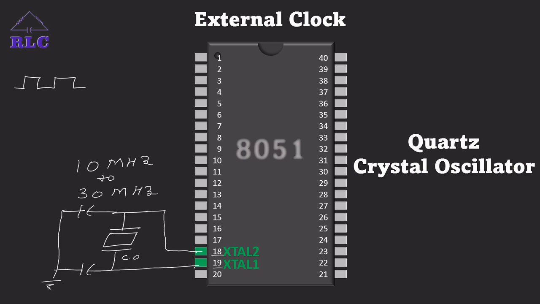Usually, for normal purposes we connect an 11.0592 megahertz crystal oscillator for the 8051 microcontroller. This is by connecting a quartz crystal oscillator. We can also pass the clock frequency directly through a signal generator or something else to one pin, which we'll see next.